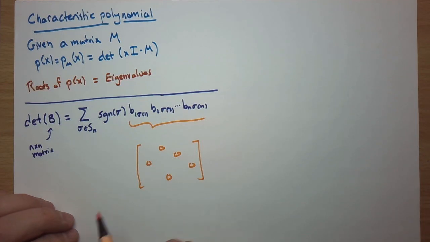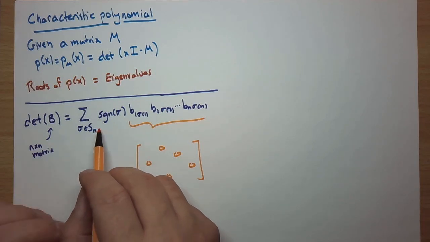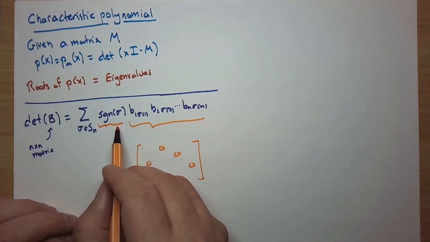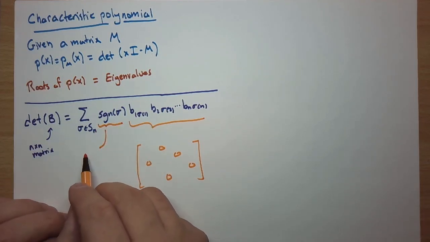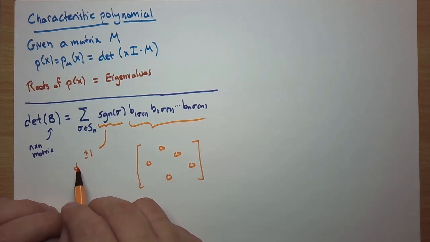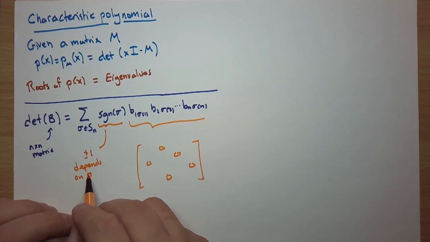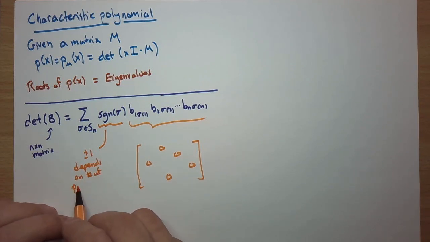So we usually talk about the trace as the main diagonal, but you can run over all possible ways we can combine these together. And then we have the sign of sigma, and this is either plus or minus 1. How do you determine that? Well, it depends on the number of pairwise transpositions to get to the identity.